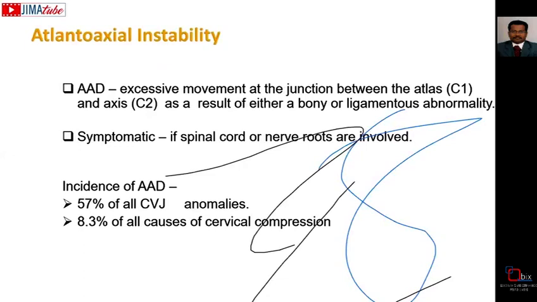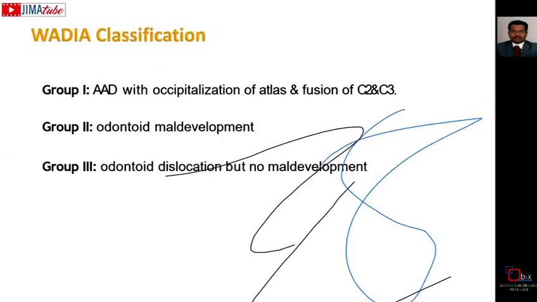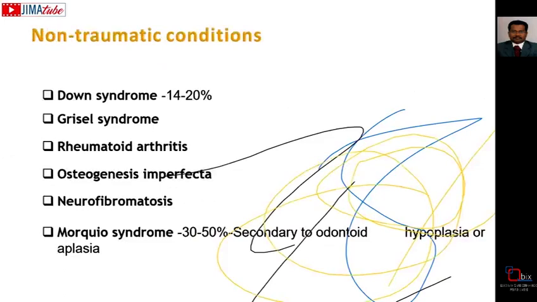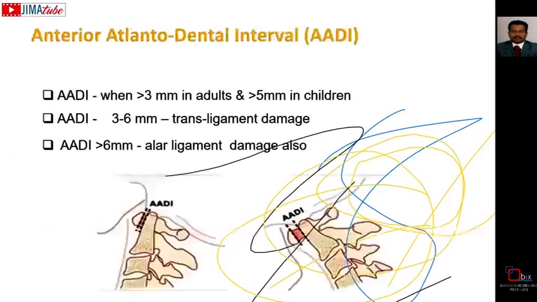What is the incidence? 57% of all CVJ anomalies form the atlanto-occipital dislocation, and 8.3% of all causes of cervical cord compression. Wadia has classified it into three groups: atlanto-occipital dislocation with atlas occipitalization, odontoid maldevelopment, and dislocation but no maldevelopment. The non-traumatic conditions are Down's syndrome, rheumatoid arthritis and neurofibromatosis.